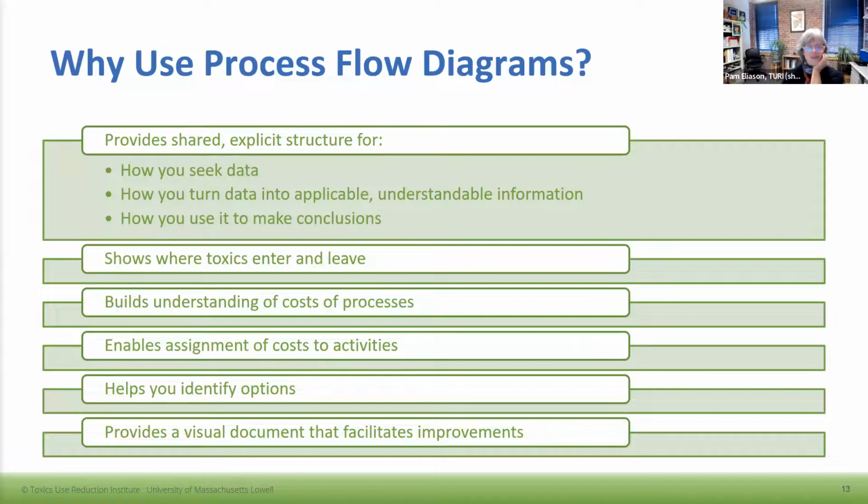So again, process flow diagrams are going to give you very explicit structure that you can use to help you identify points where you need to seek more data, and how you can translate that into something that's really useful for our toxic waste reduction planning purposes. And it's a way to help demonstrate what your conclusions may have been.